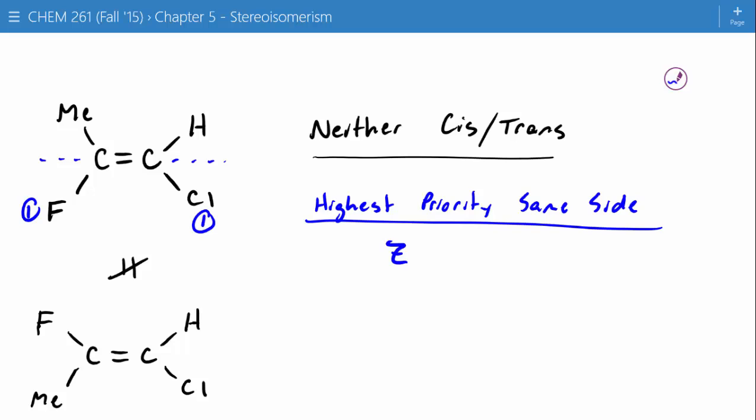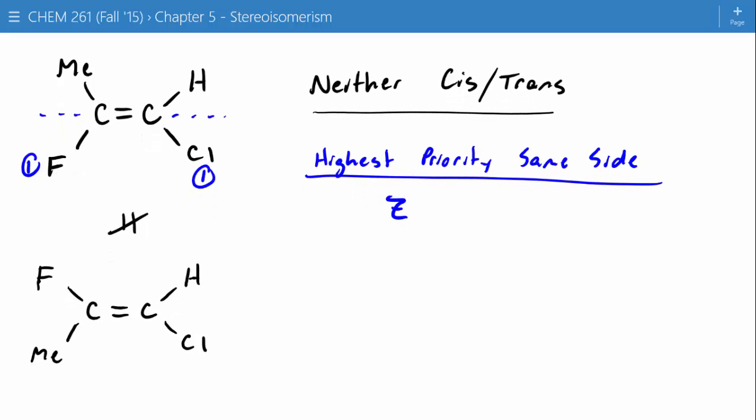You guys want to know my trick for remembering these? Yeah? It's German for Zusammen, if you speak German. Am I pronouncing that right? Zusammen? Yeah. So I always remember it as the same side, right? It's cheesy but super effective.